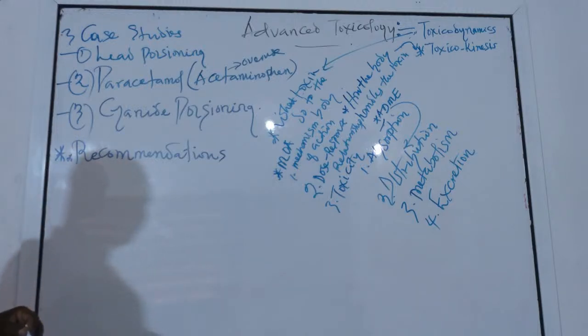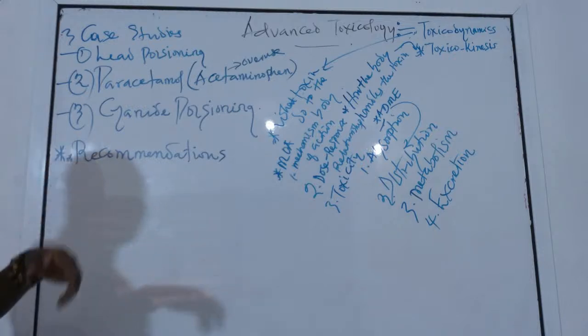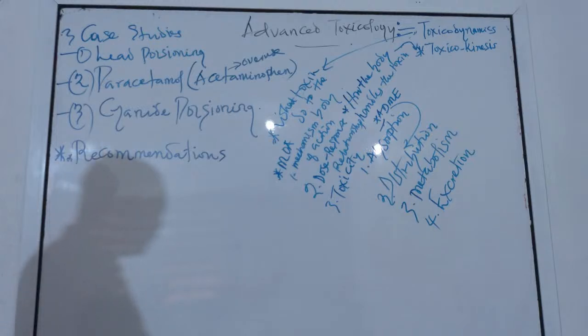We are going to look at absorption, distribution, metabolism, and how it is excreted. Before we move on to toxicodynamics, which has to do with the impact of a toxin on our body.